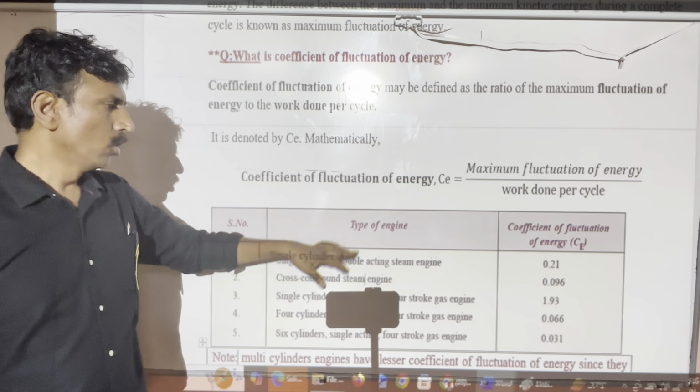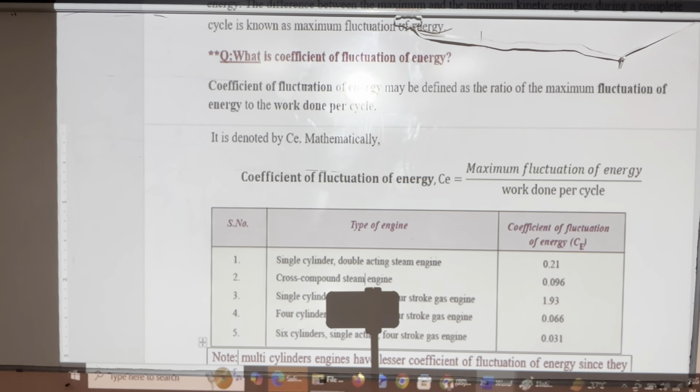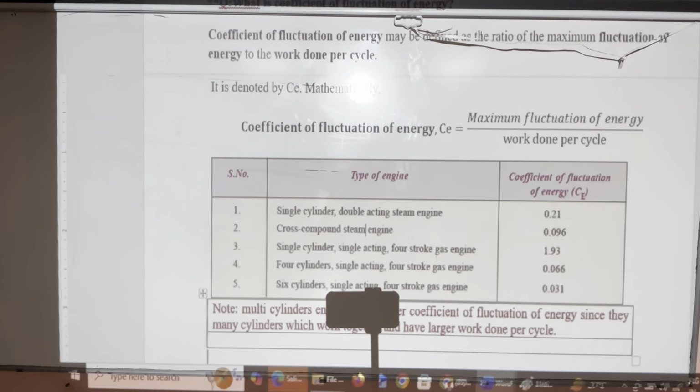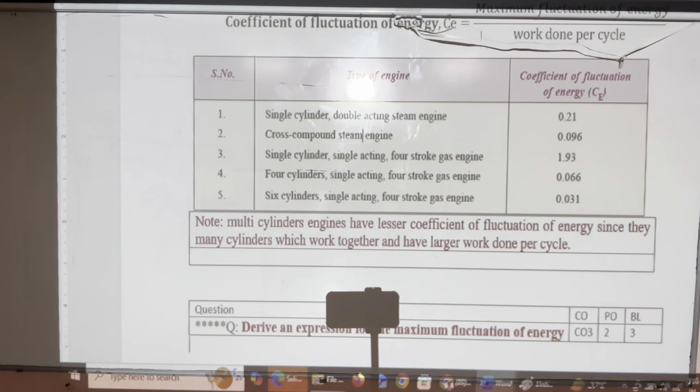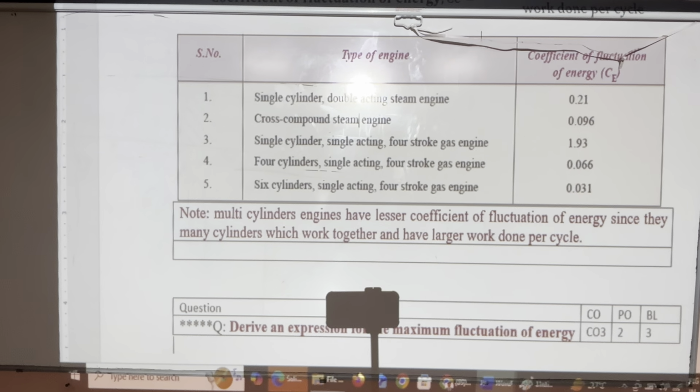So this coefficient of fluctuation of energy, should it be larger or smaller? Suppose you are an engineer trying to design something, do you want to keep this fluctuation of energy larger or smaller?